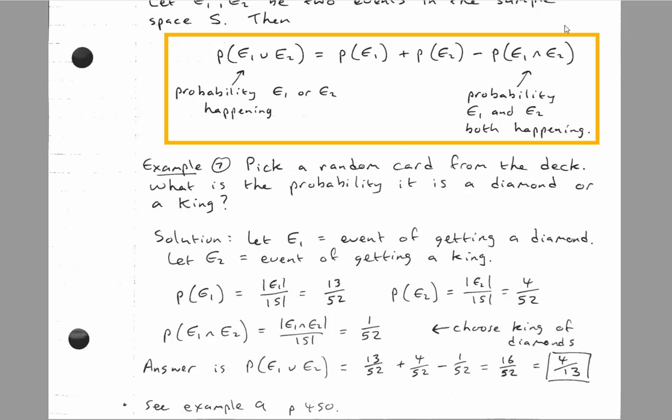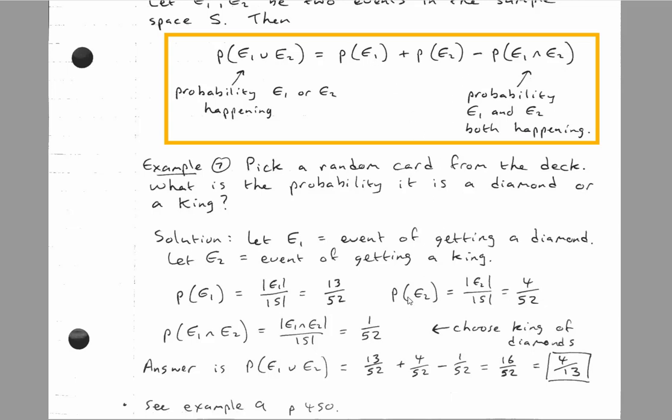Then we look at the intersection. What's the probability of getting a diamond and a king? Well, there's only one card that's a diamond and a king, the king of diamonds. So one way for that to happen out of the 52. Alright, so the probability of getting a diamond or a king is the union.